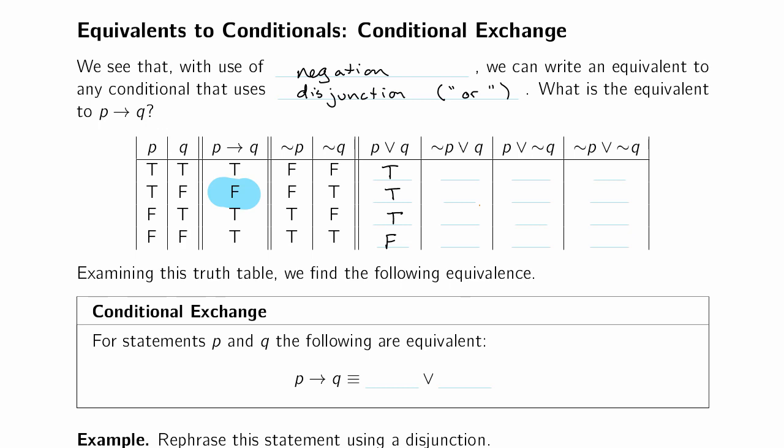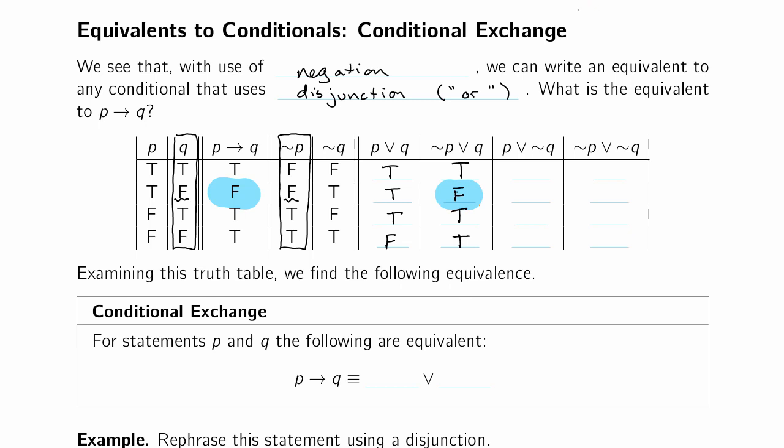When we have not P or Q, we want to look at the not P column and the Q column. And again, that or is false when not P is false and Q is also false, and true the rest of the time. Oh, I think that's what we want, right? Here's our false in the second row.